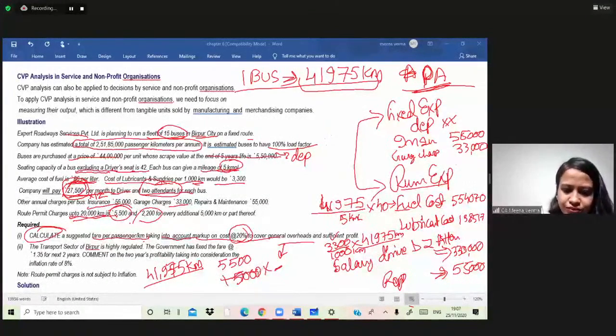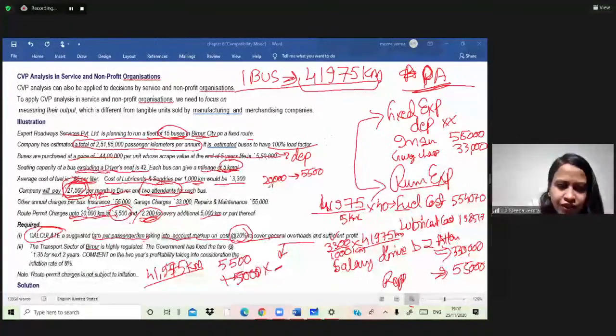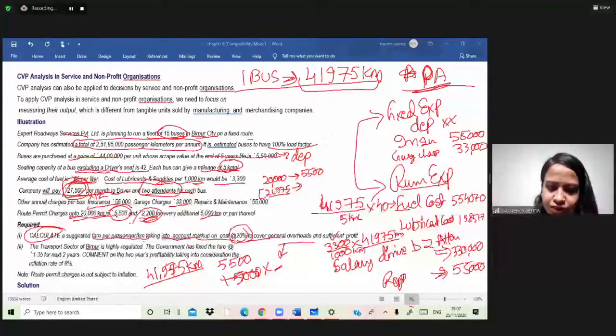Sorry. For every 5,000 kilometers, they are paying this. Let me do this. For 20,000 kilometers, they are paying 5,500. Then for the next 5,000, how much distance is left here? 21,975 distance is left, and for every 5,000 they are paying 2,200. So how many 5,000s will come here? 5 times.